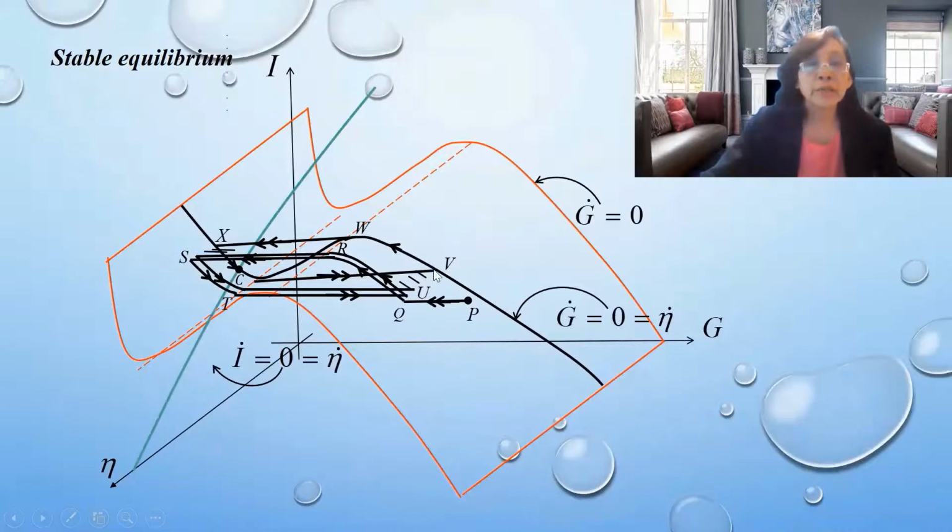Then when the transition reaches the point V, it follows this path as before from W to X. But then when the transition is made downward here, it will reach this point.